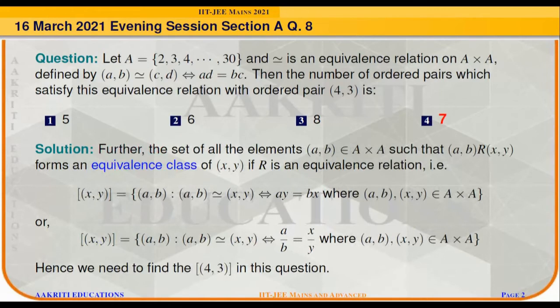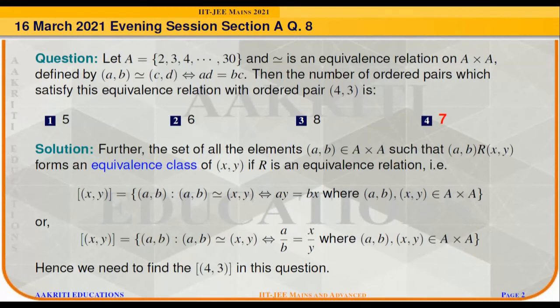Now, in this question, we need to find the number of ordered pairs which satisfy the equivalence relation with ordered pair 4 comma 3. As we know, the set of all the elements A comma B belonging to A cross A such that A comma B is related with X comma Y forms an equivalence class of X comma Y. Thus, in this question, we have to find the equivalence class of ordered pair 4 comma 3.